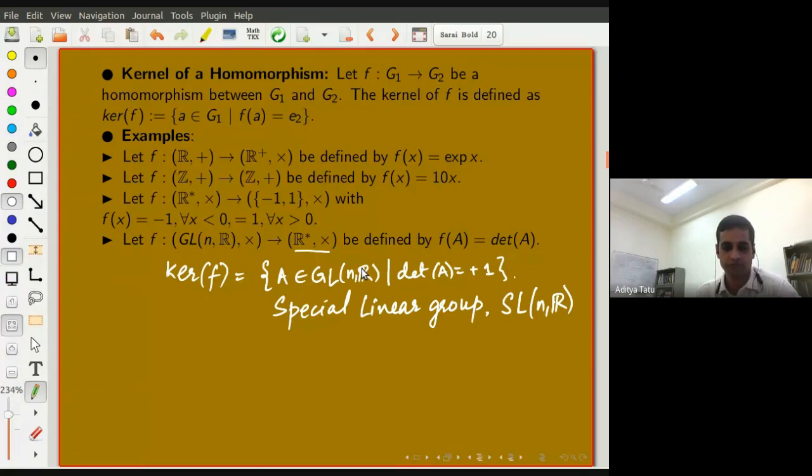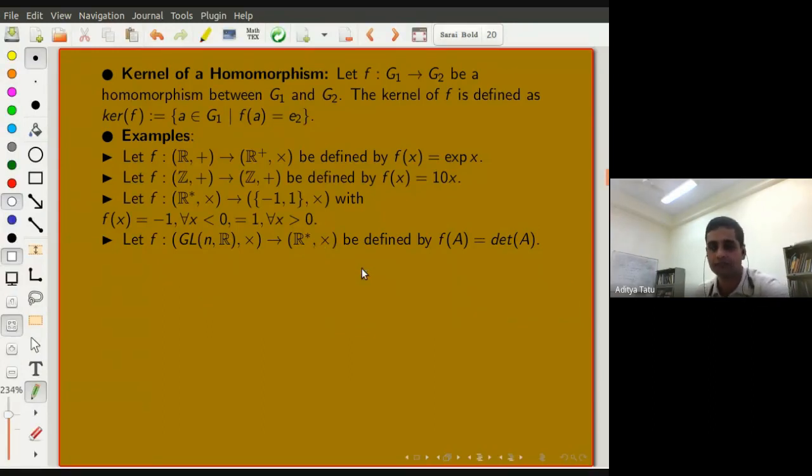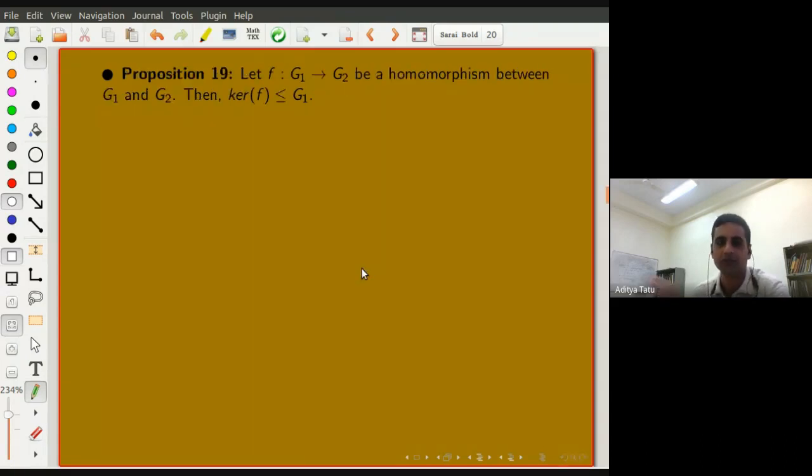So the obvious question is, is the kernel always a subgroup? And as this proposition states, it is always the case. So if I give you a homomorphism between two groups, G1 and G2, the kernel of this homomorphism will always be a subgroup.